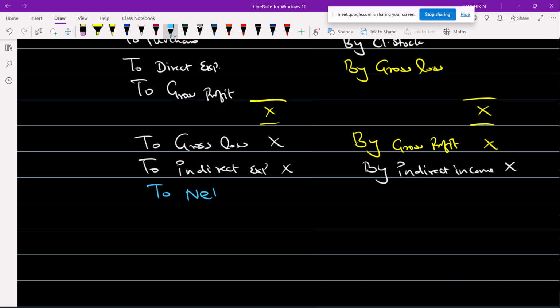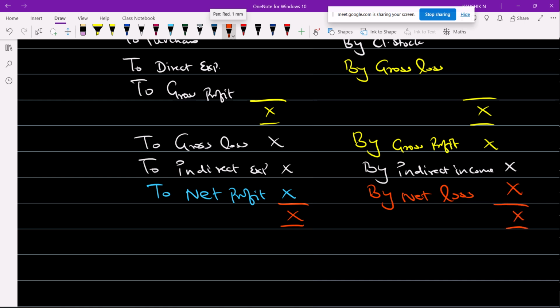To net profit. Suppose if your debit side is heavier, then you'll declare it as by net loss. And finally, you'll mark the total of both the sides as equal.